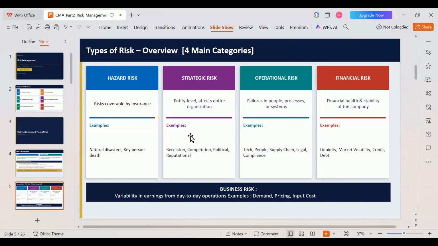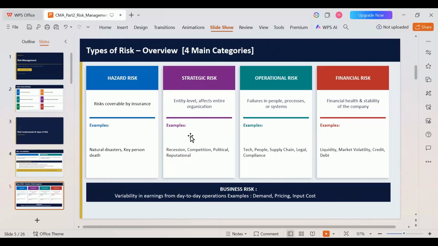There is one common confusion among students whenever they are asked questions about types of risks. There are only four types of risks. The main segregation is between hazard, strategic, operational, and financial. Suppose they are asking you a question where they stress the political imperatives in a country.